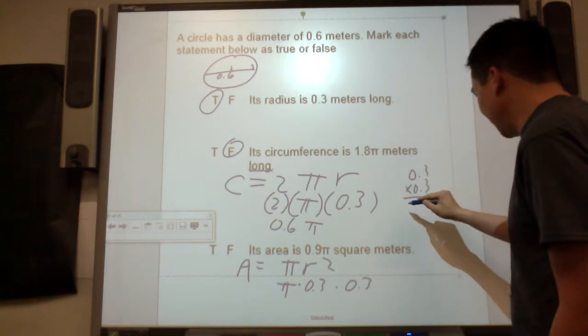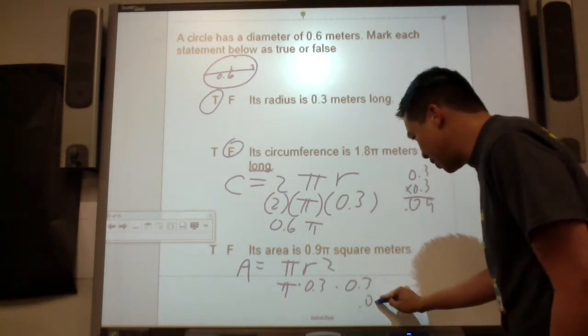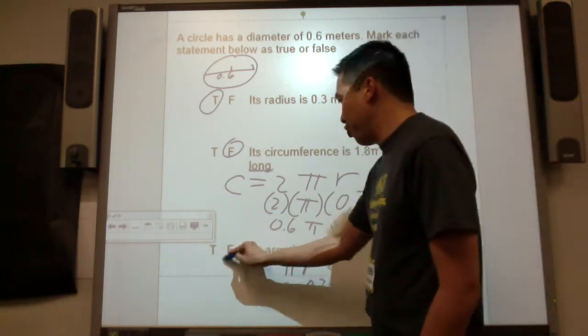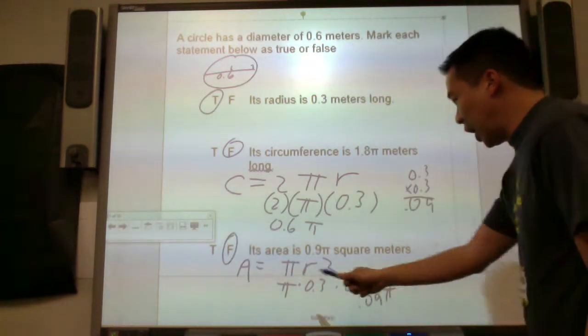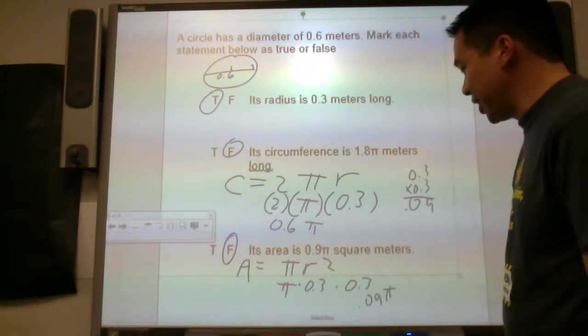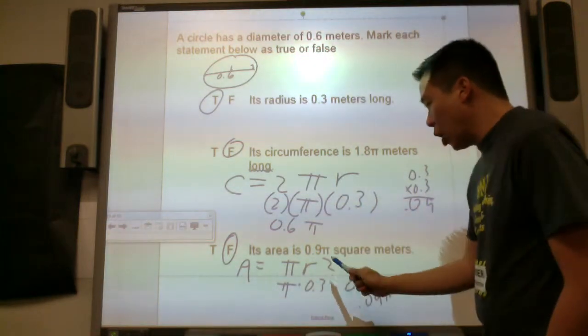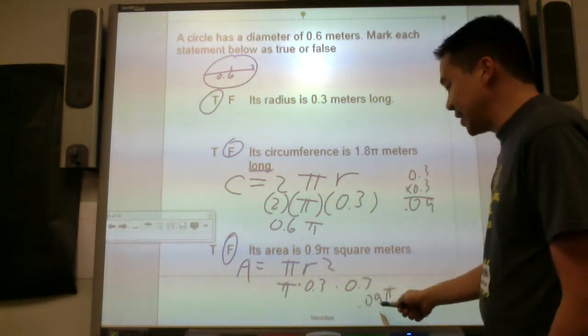It'll be 9/100 pi. That is false. Because the radius is 3/10, 3 times 3. See, I almost got tricked here. I was going to say 9/10. Remember, when we multiply a tenth by a tenth, it's hundredths.